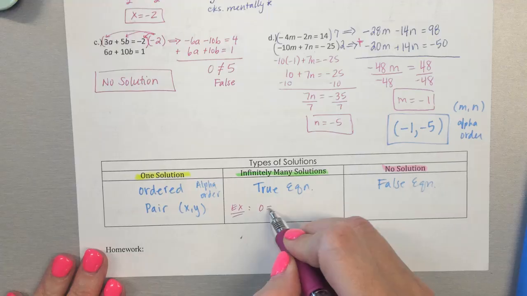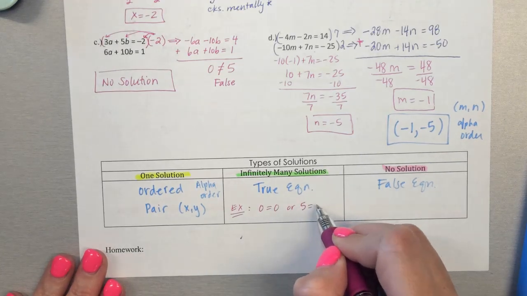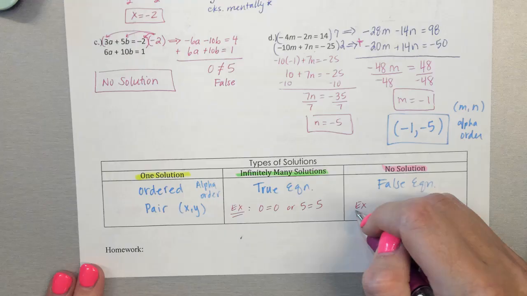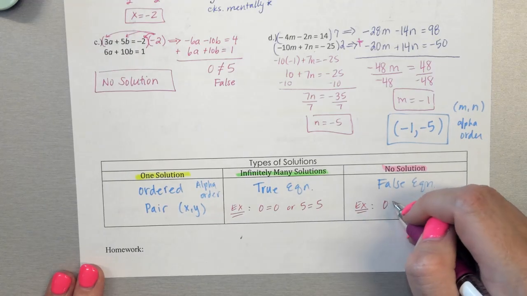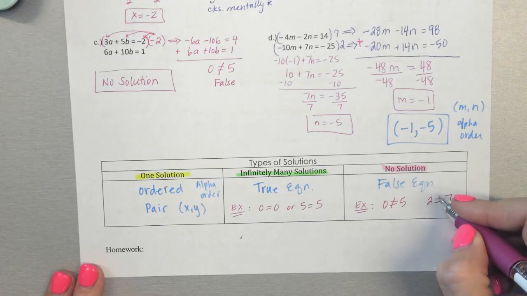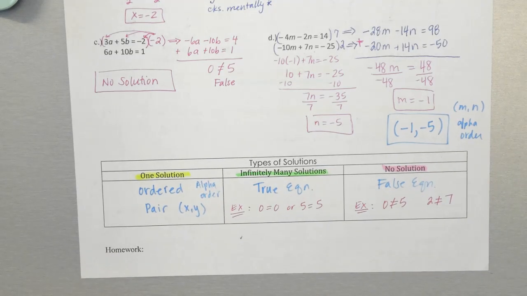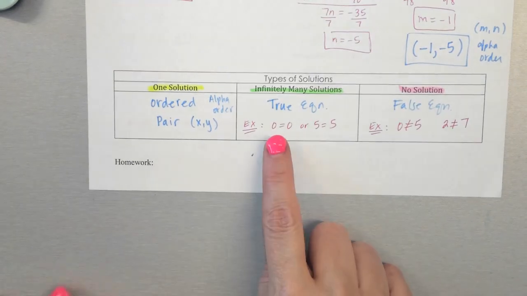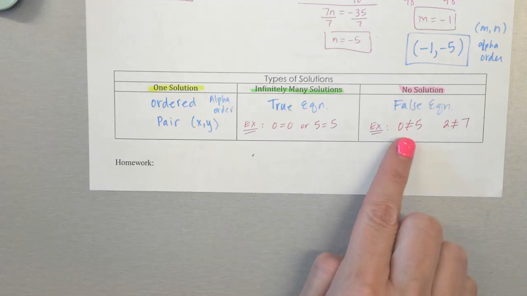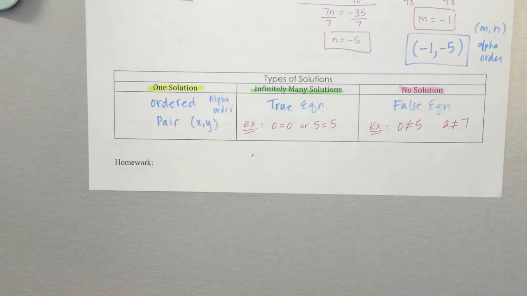So you could have 0 equals 0, or you could have 5 is equal to 5. Either one of those would be fine. A false equation can be any two numbers that are not equal. So 0 can't be 5, 2 can't be 7. If you end up canceling things out, I don't want you to put no solution automatically, because if it's true, there's infinitely many, and if it's false, that's when there's no solution.